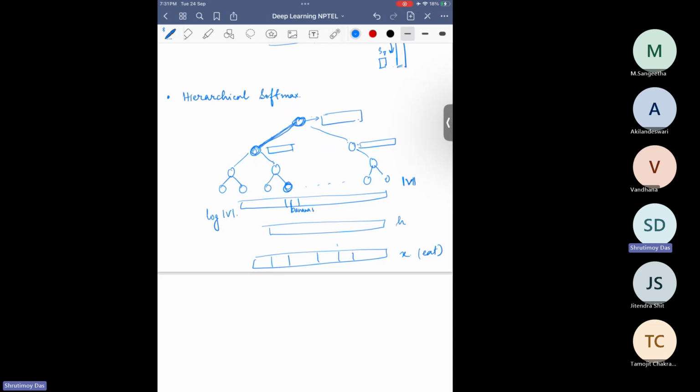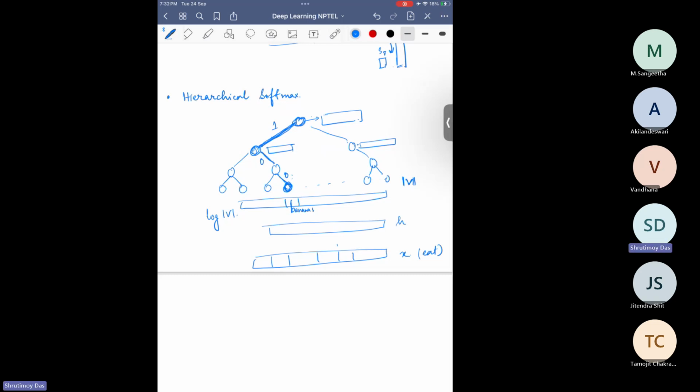So whichever node you get coming from the root to the leaf. So how can you get here? From here you take left, then right, and then right. By convention, if you go left, you are marked as 1. If you go right, you are marked as 0.